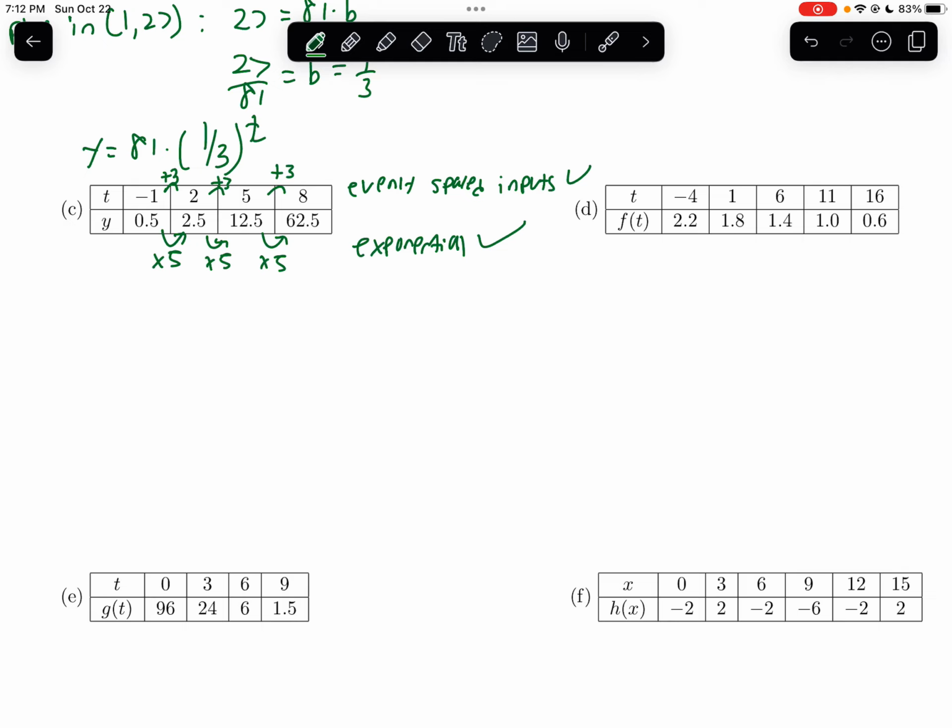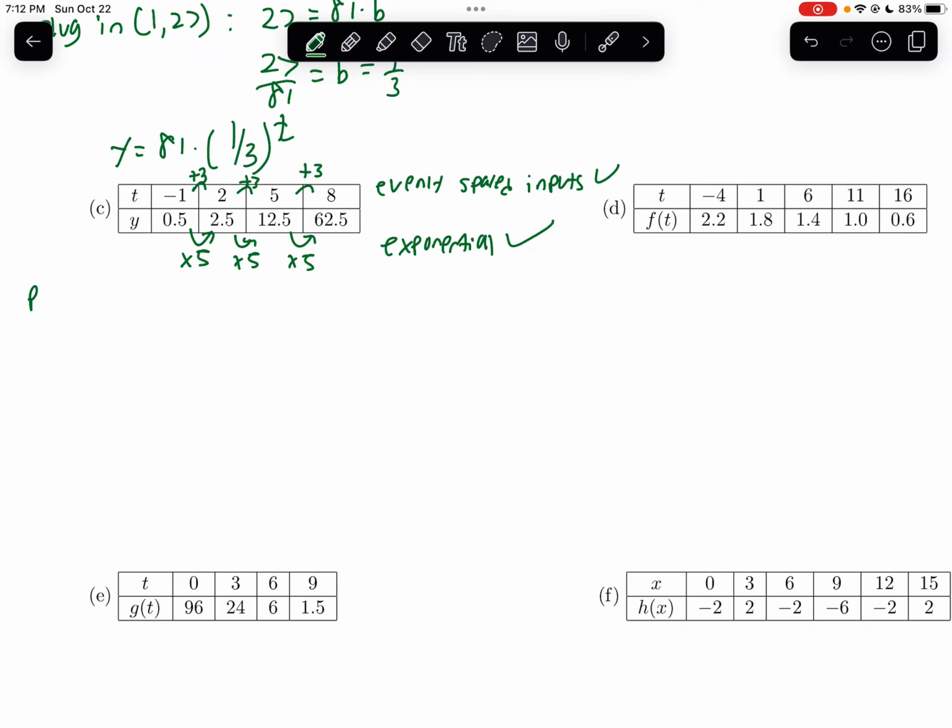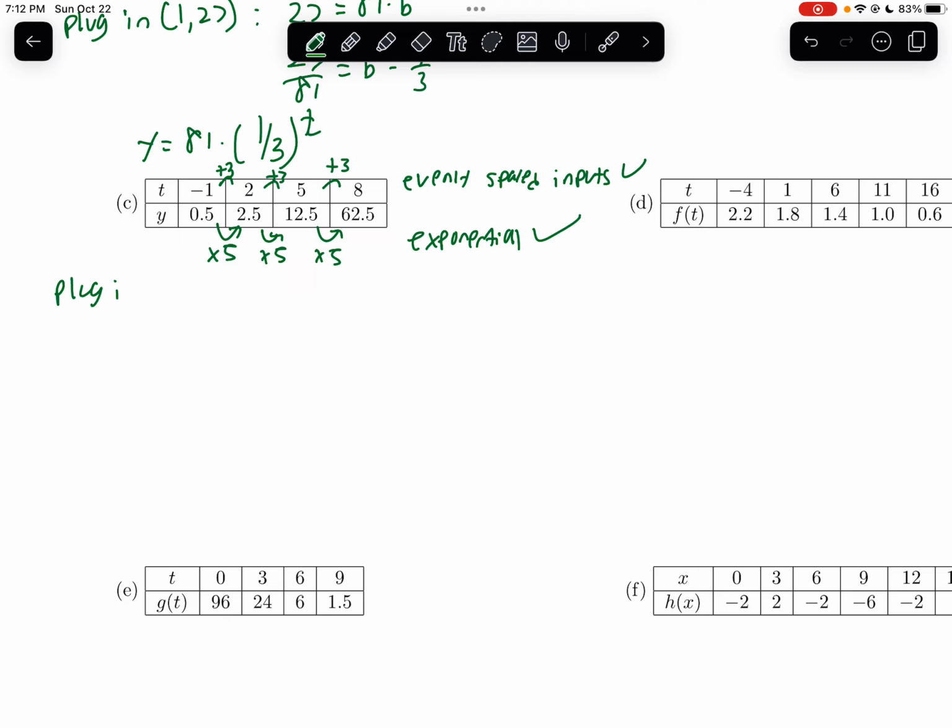So what you need to do is plug in 2 points. Doesn't matter which ones. So say 2.5 equals a times b squared, and 0.5 equals a times b to the negative first power.